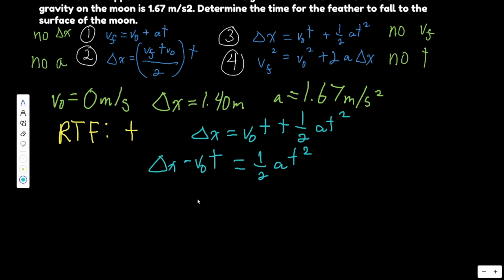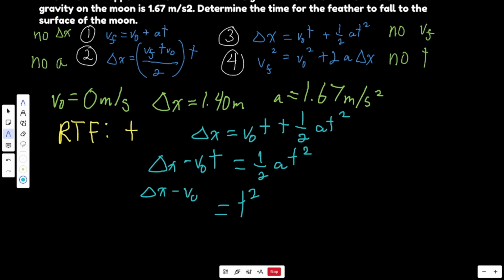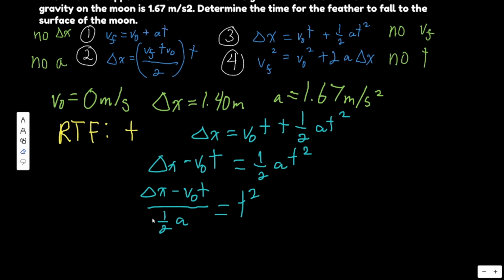We'll get t squared, and delta x minus v0 times time will be divided by 1/2 a, which is also equal to, in simplifying this complex fraction, just multiply a over 2, then flip it around, so it becomes 2 times delta x minus v0t over a.